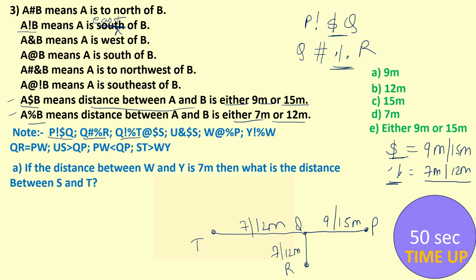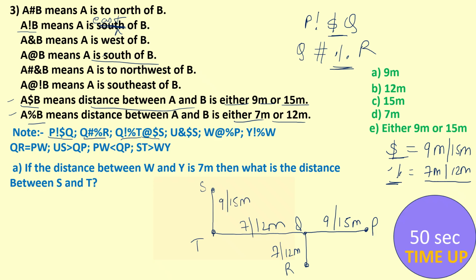Next, T at dollar S is there. T at S means what? T at S means T is to the south of S, correct? So T is to the south of S by 9 or 15 meter because dollar is there. So S is here somewhere. If I draw, it is 9 or 15 meter.